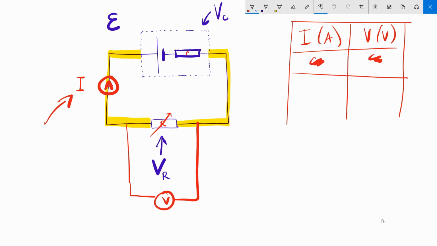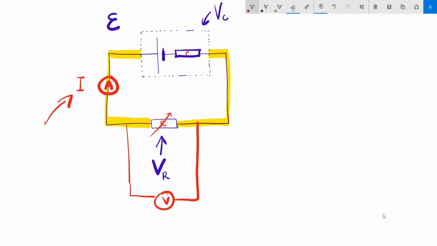You'll measure, then change the resistance of the resistor, and that will give you a different current and a different PD reading. Change the resistance again, different current, different PD reading, change the resistor, and so on. You're expecting a straight line, so you need 5 results or more.